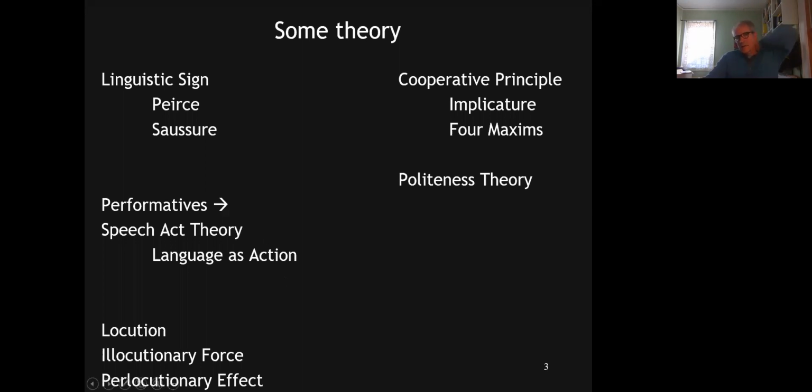Then we talked about Austin and Searle, who made the first formulations that language is often used for action, that there's some kind of action done via language. Sometimes it's done very explicitly with performative verbs, like "I pronounce you spouse and spouse." The actual verb pronounce has some sort of meaning.